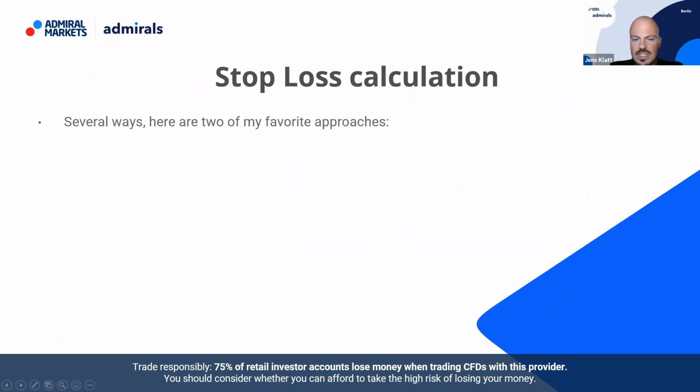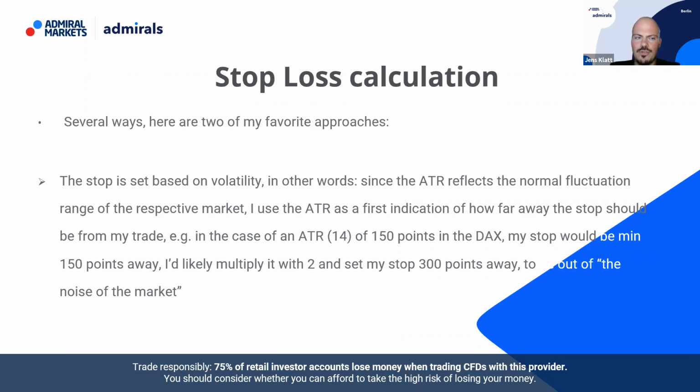What we have here now is two favorite approaches I'd like to use. The first one is that my stop is set based on the ATR, or based on volatility in the market.